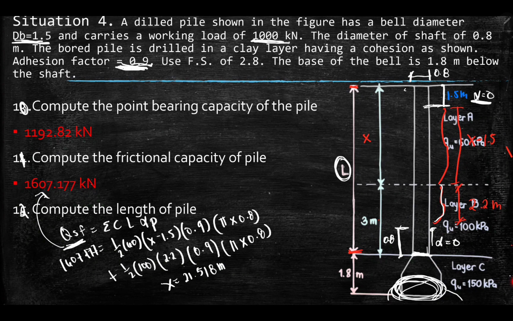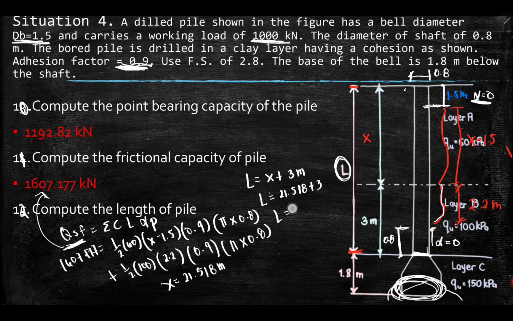Kasi ang tinatanong is length of the pile. Di ba nga yung X is just a part of the length of the pile? Therefore, ang length of the pile is equal to X plus 3 meters. Okay? Therefore, length is equal to 21.518 plus 3.